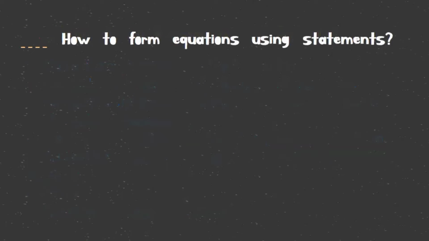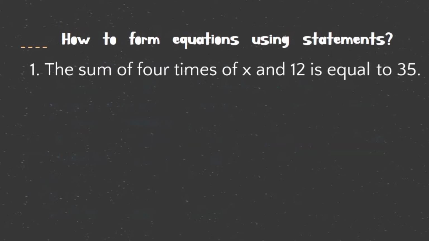Now, how to form equations using a statement? If some statement is given, how can you form an equation? I'm just taking an example: the sum of 4 times x and 12 is 35. Now I'm going to tell you how to make an equation. Sum means plus sign. 4 times x means 4 multiplied by x, and 12.